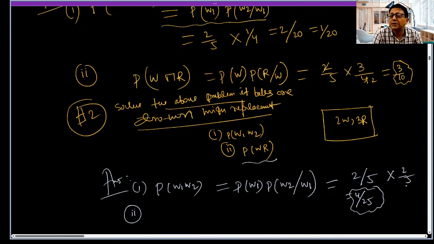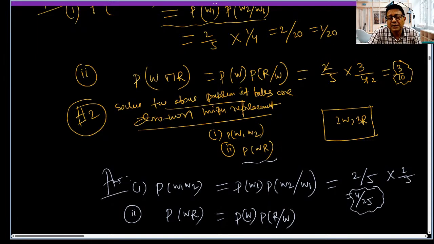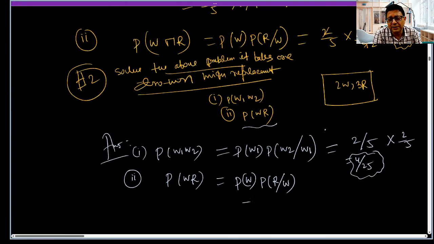Let us do this one. First one white, second one red. Writing this manner. P(white), P(R|white). P(white), what's the probability? 2 by 5, and because you have returned it back, white you have taken, you have seen the color and then you will return it back.